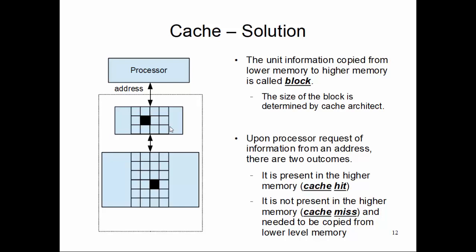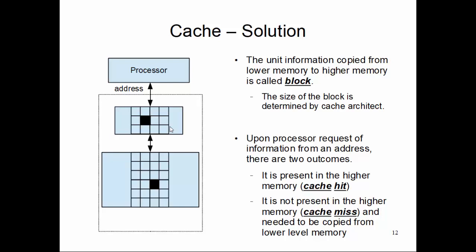The size of the block is determined by the cache architect. It is predetermined, and with some analysis of your target application and target marketplace, the hardware architect, especially the cache architect, determines the size of the block.